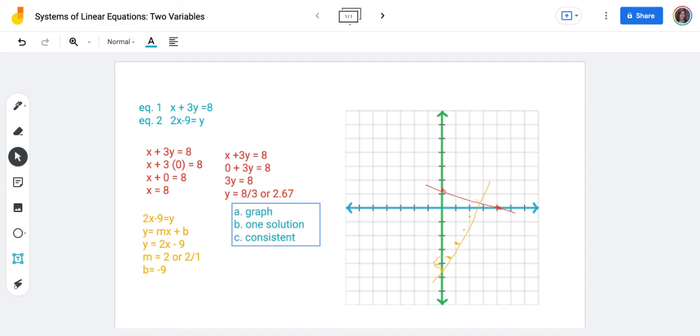We don't have parallel problems here. Okay, so that's it.